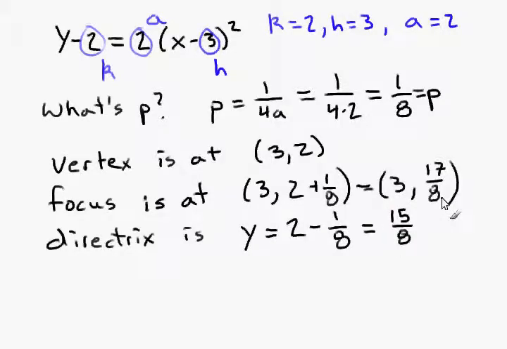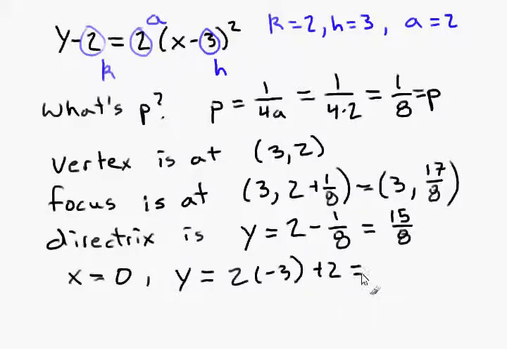Okay. And with this information, we now know a lot about this parabola. We could probably graph it. It would be easier to graph it if we figured out some more points that lie on the parabola, like say if x is equal to 0, then y is equal to 2 times negative 3 plus 2, so negative 4.